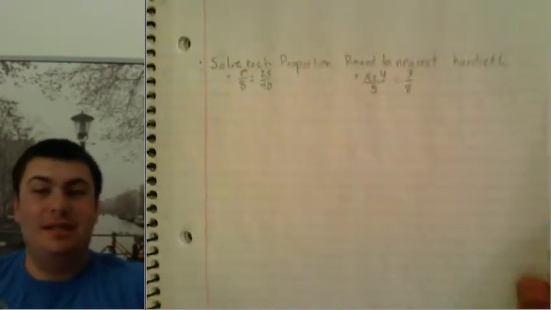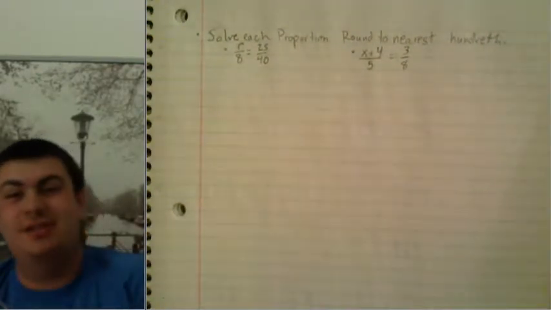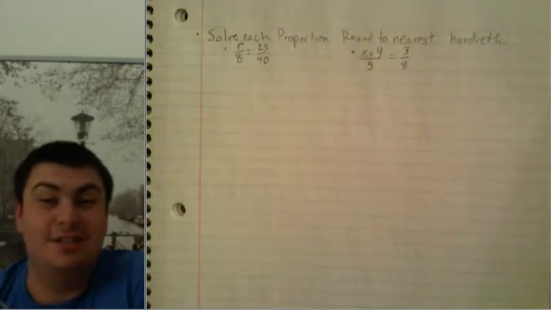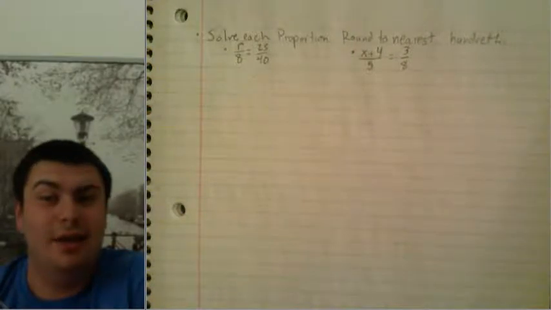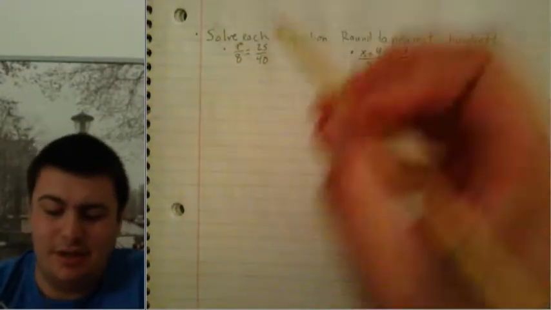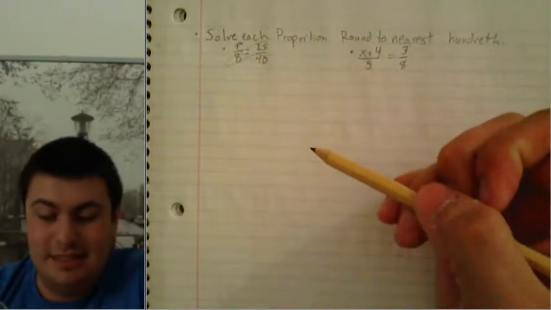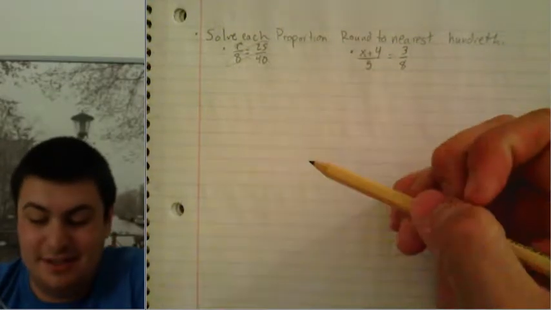We can use the means extremes property of proportions to solve equations using proportions. Let's look at this direction. Solve each proportion, rounding to the nearest hundredth. So we might encounter some decimals, and that's going to be okay. Using the means extremes property, we solve using the cross product. r over 8 equals 25 over 40.